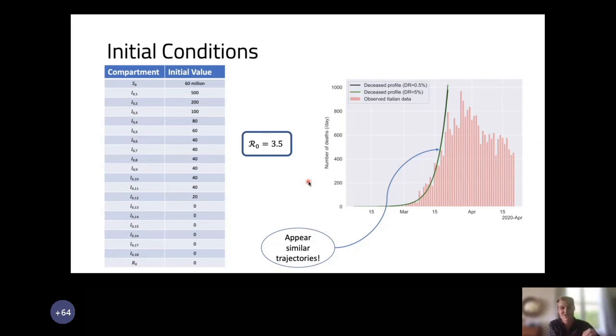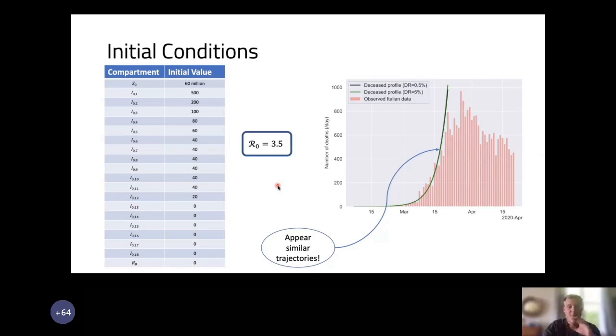So because the initial condition is a lot lower, the dynamics end up being pretty similar for the start, up to like the 17th of March. And then it gets a bit different. But for the start, they don't change too much.